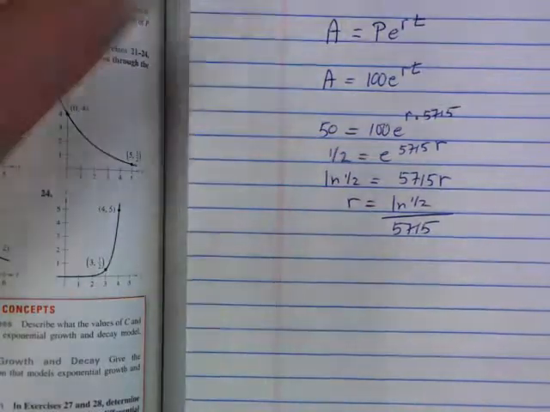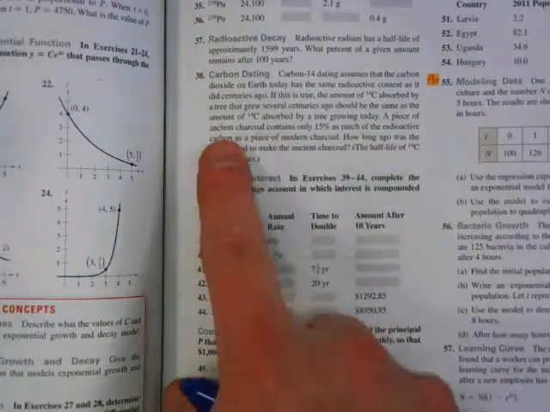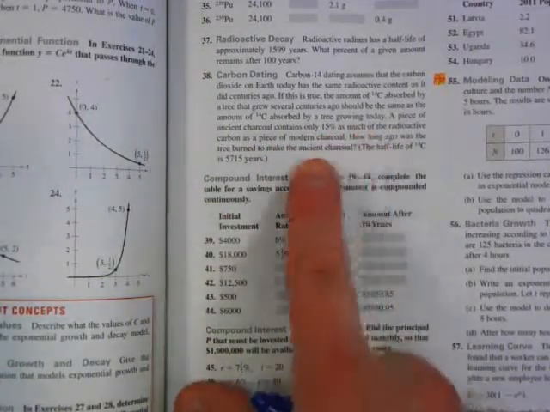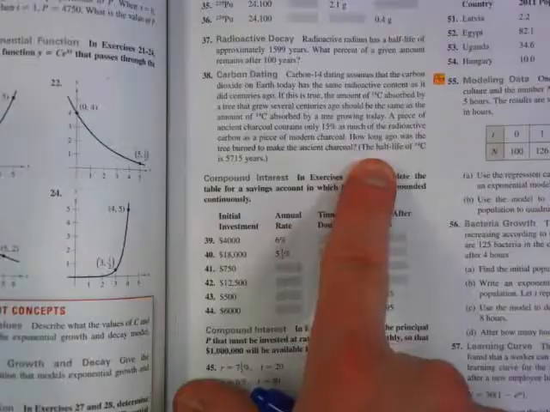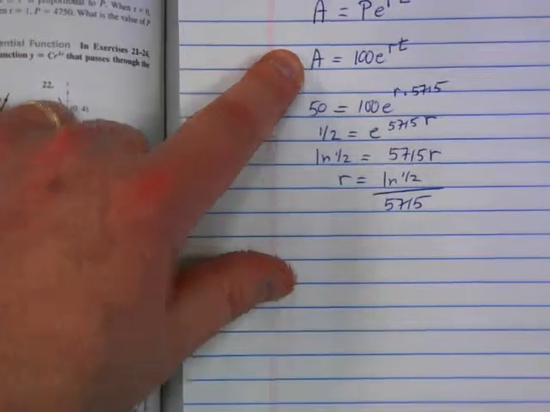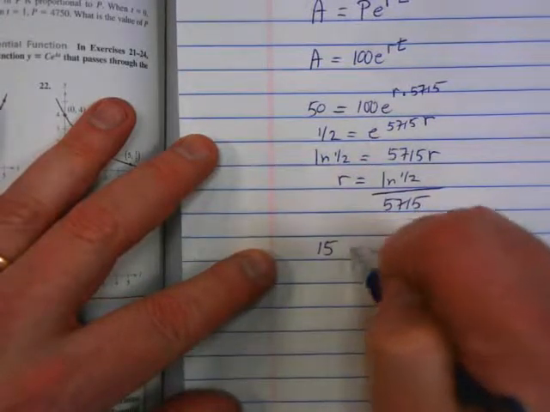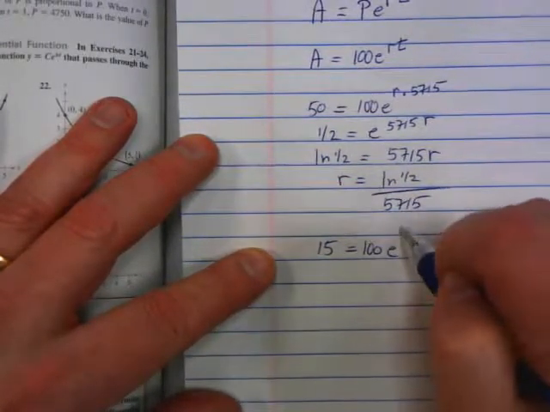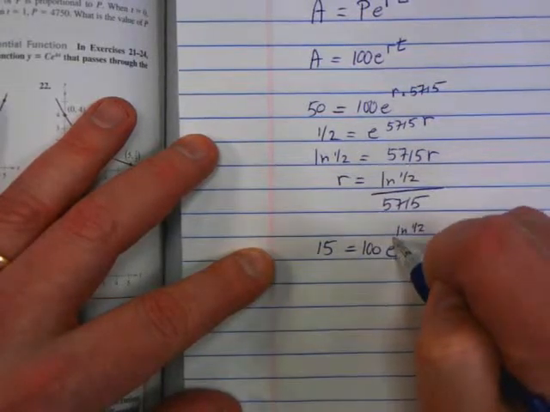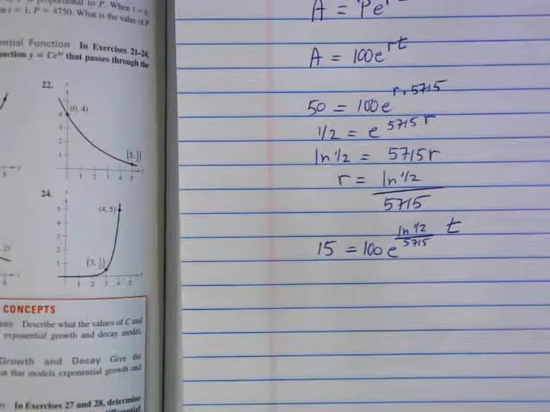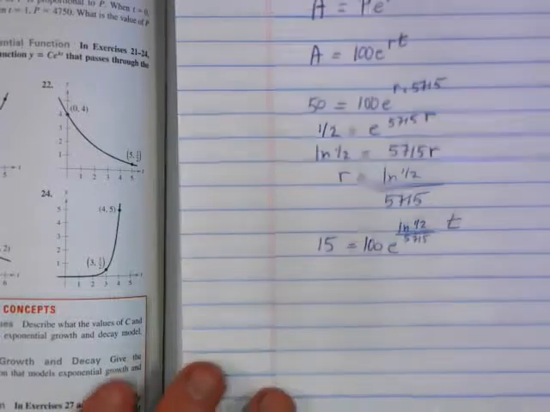All right, so now we're ready to answer the question. The question was, the ancient charcoal only contains 15% as much. So how old is it? So how are we going to answer the question? A is now going to be 15. So we're going to have 15 equals 100 e to the R number, which was ln 1/2 divided by 5715, times T. Solved the same way.